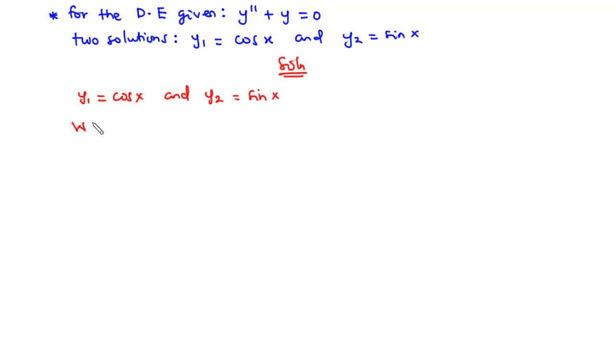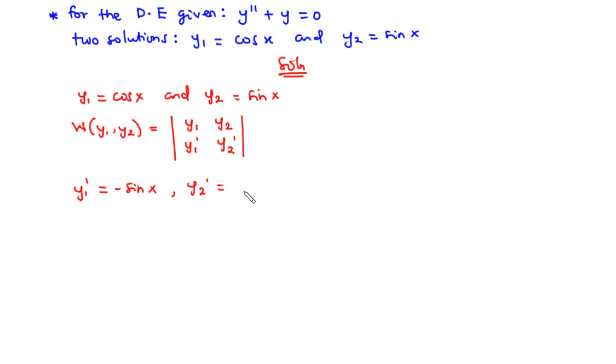The Wronskian is equal to the determinant with y1, y2 in the first row and y1 prime, y2 prime in the second. Let's find y1 prime and y2 prime. y1 prime, we differentiate, is negative sin x. y2 prime, we differentiate, is cos x.